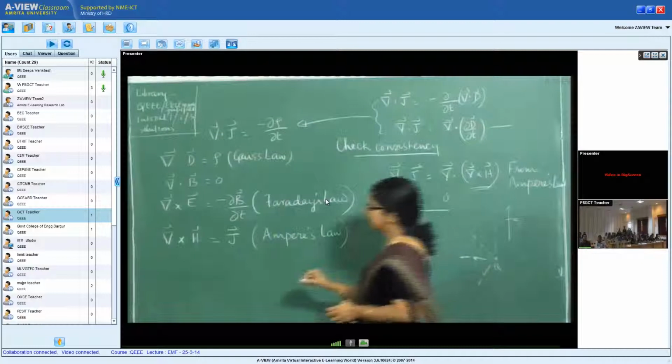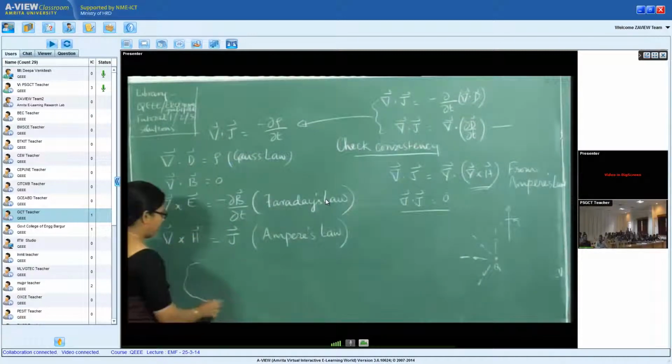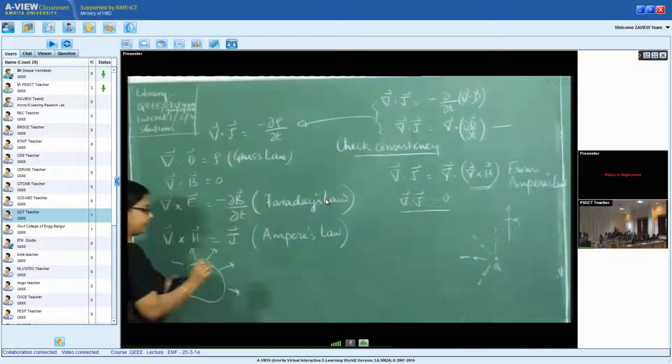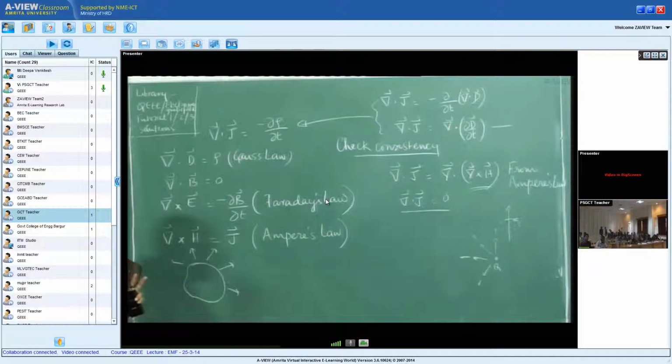Which means if I look at the example with which I started in the morning, the spread of current, that is divergence of current, is 0. But what did we say this morning?